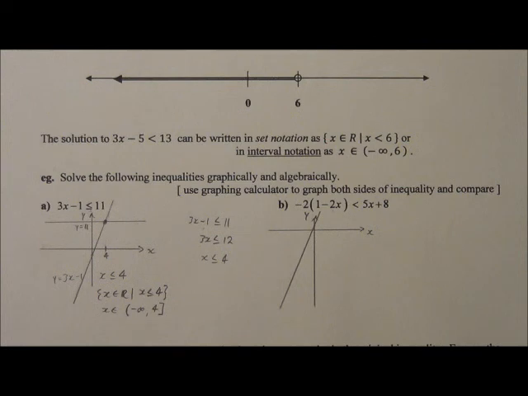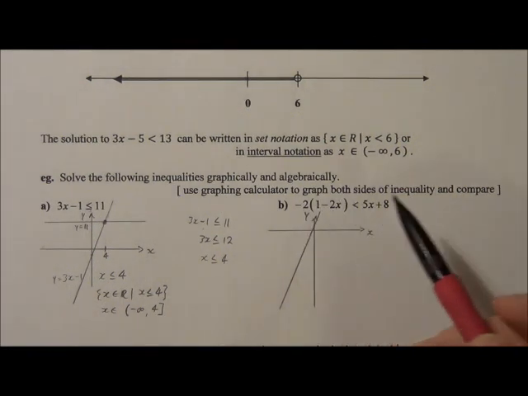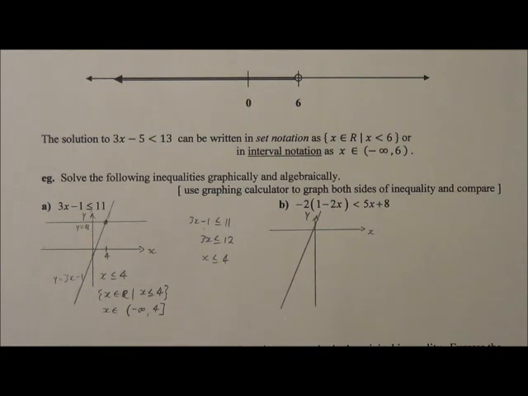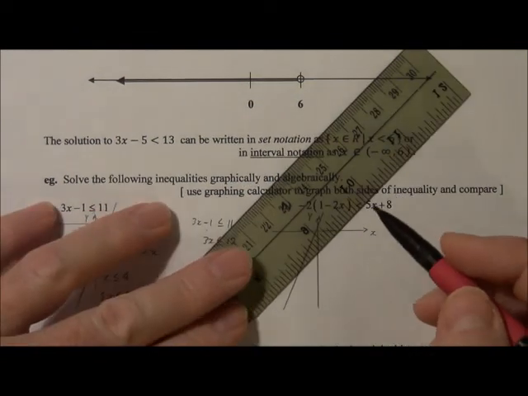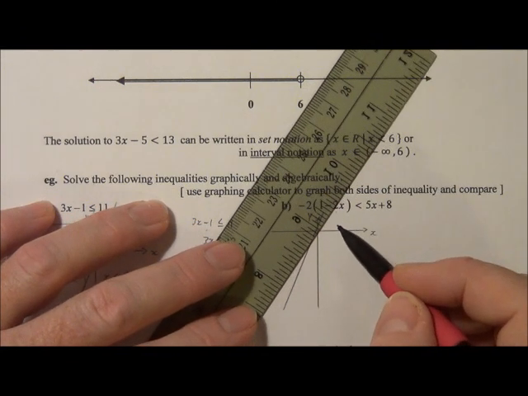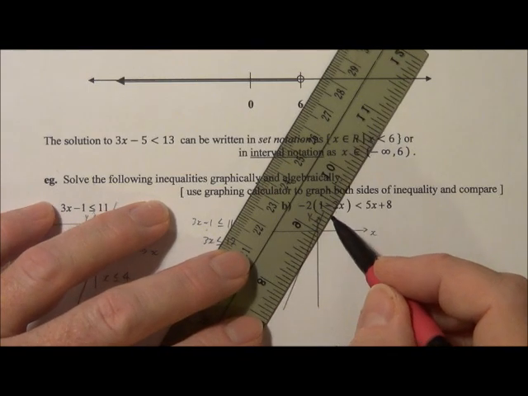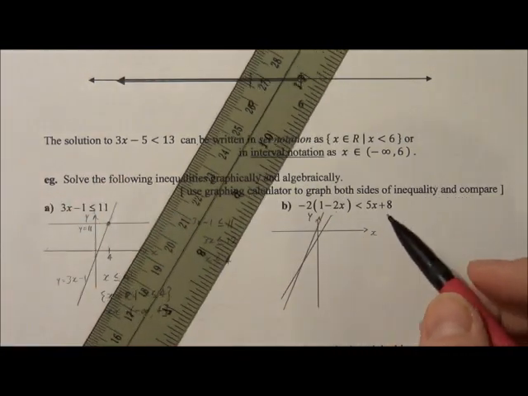And then if I were to expand this, I'd get negative 2 plus 4x. So plus 4x minus 2. So again, it would be pretty steep. So it would be something like that.